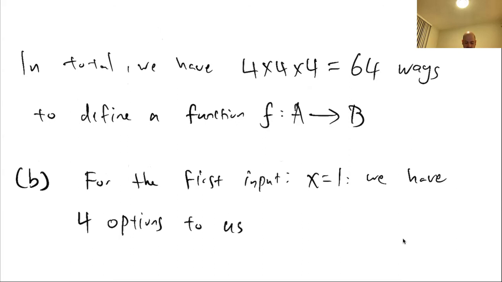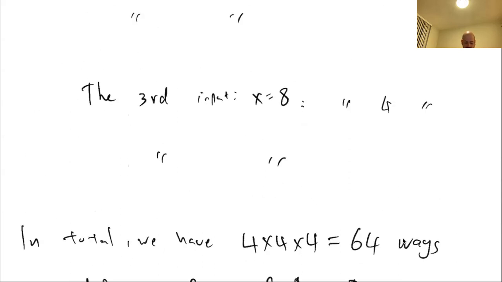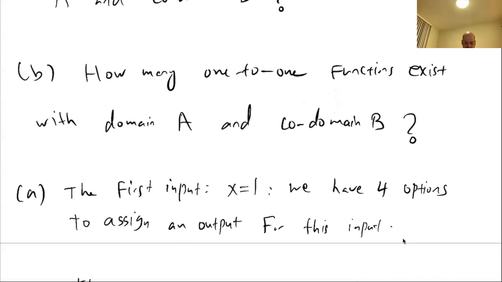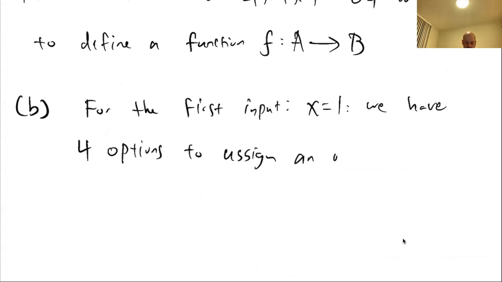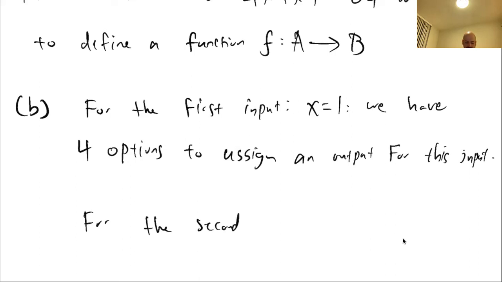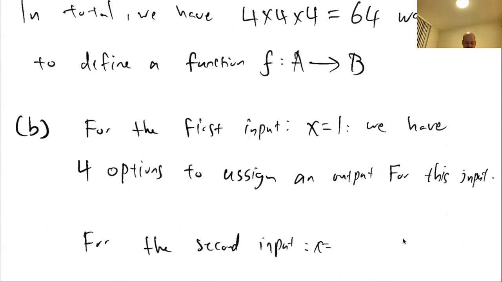To assign an output for this input. For the second input, x equals 3, how many options do we have?